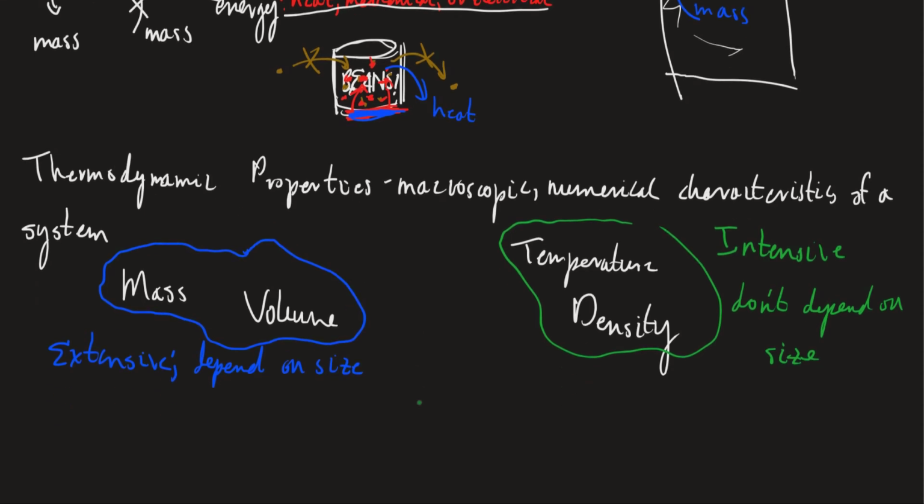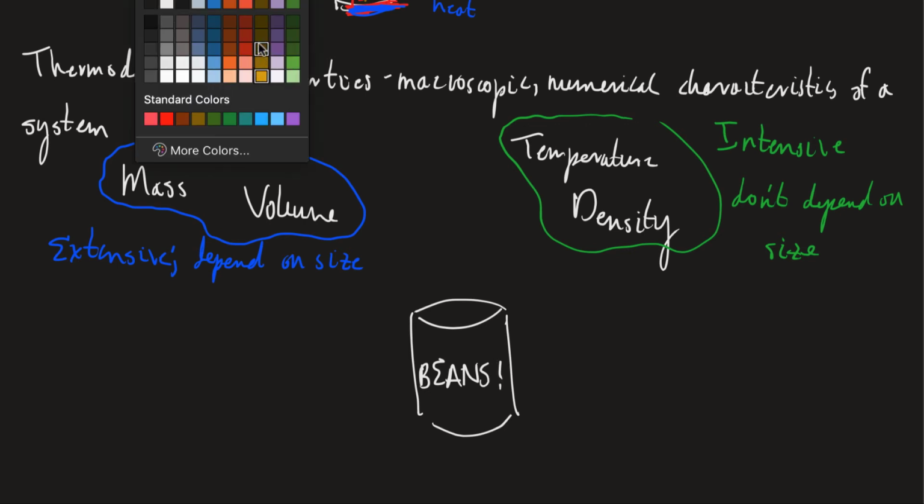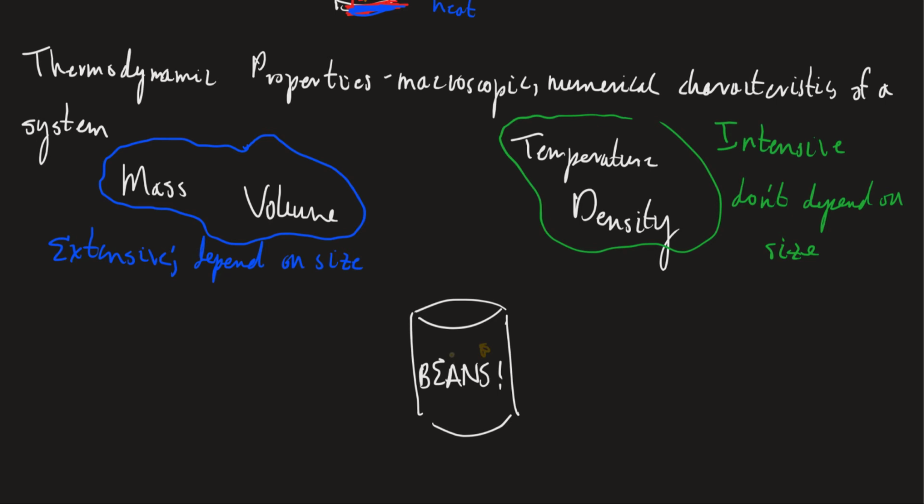And what I mean by depend on size is if we take our example of a can of beans. I just love can of beans. So here's a can of beans. And here are our beans.